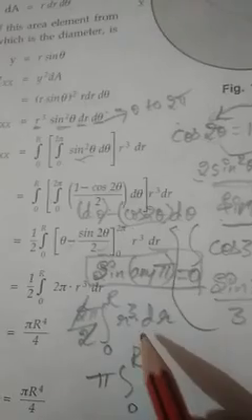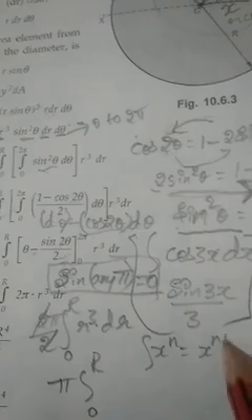If you integrate r cube dr, 2 pi, this 2 will get cancelled, so you will get pi, 0 to r. It is just like x to the power of n: if you integrate it, you get x to the power of n plus 1, and whatever the power is, you bring it to the denominator.